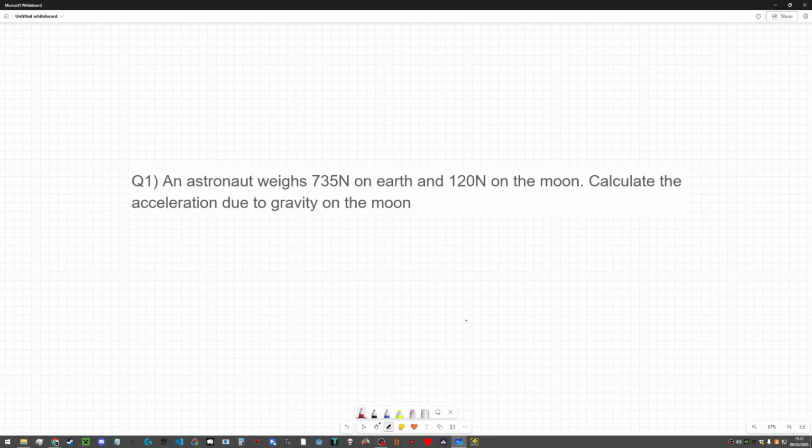Right. From here, we can start by using Newton's second law, F equals ma. We know that on Earth there is a force of 735 newtons, and this will be equal to the mass times the acceleration on Earth, which we know is 9.8.